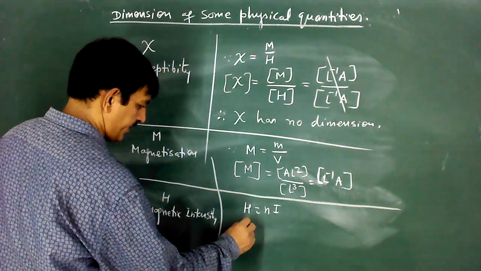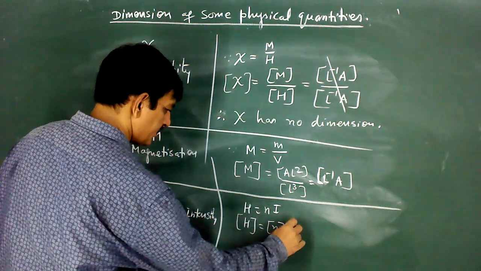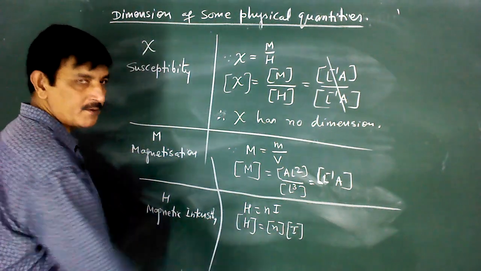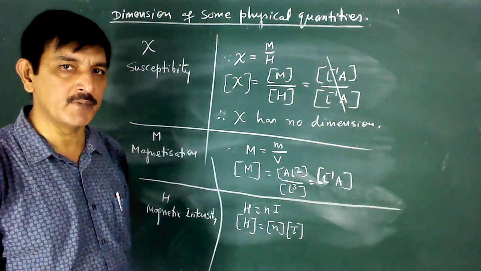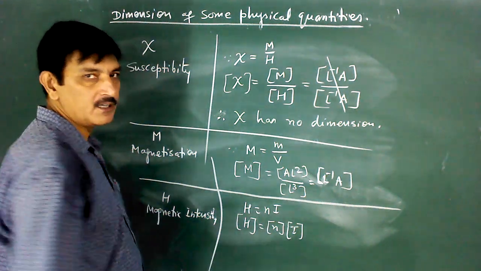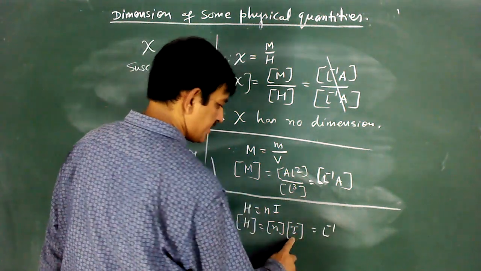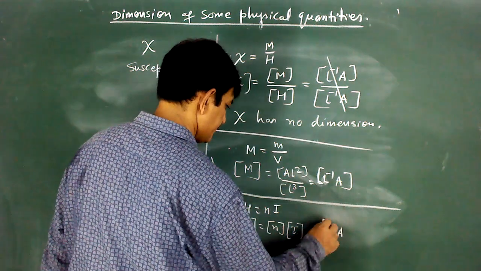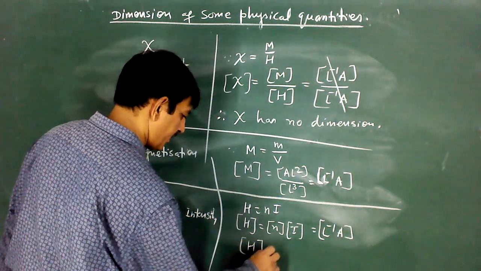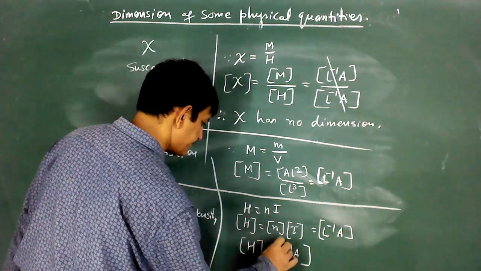So dimension of H is equal to dimension of N into dimension of I. Here N should not be confused, because N is not simply number, it is number of turns per unit length. So it has dimension length inverse, and ampere is A. So this is the dimension of H, L inverse ampere. That's all.